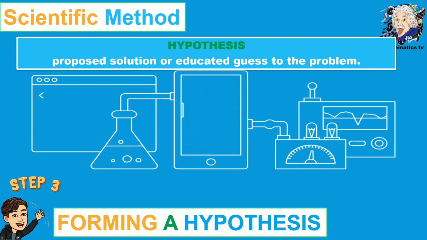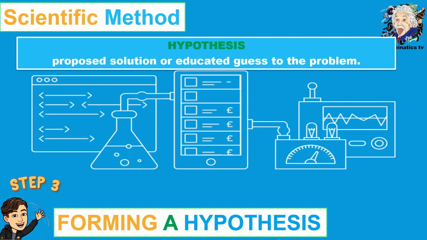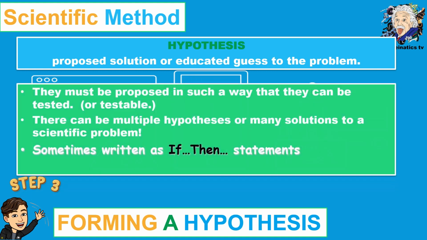It is defined as a proposed solution or educated guess to the problem. It must be proposed in such a way that it can be tested, or testable. There can be multiple hypotheses, or many solutions to a scientific problem, and usually a hypothesis is written as if-then statements.